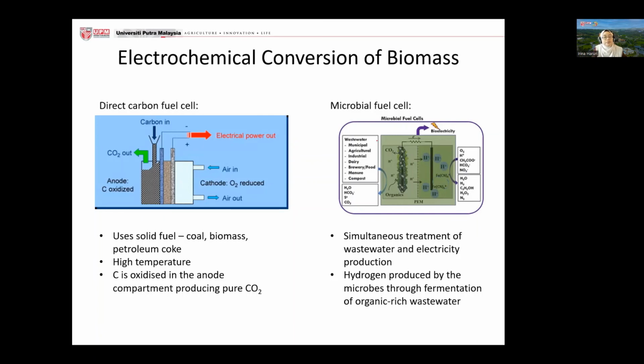And microbial fuel cell, or we call it MFC, can use wastewater. It effectively treats the wastewater, producing electricity while at the same time treating this water. So that is the plus point of using MFC.